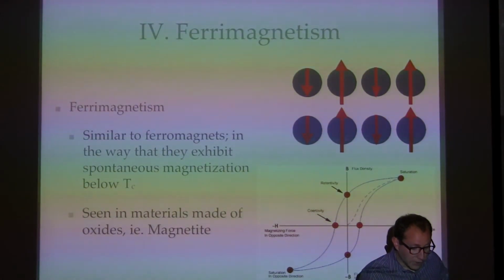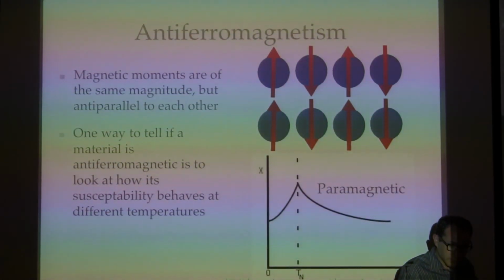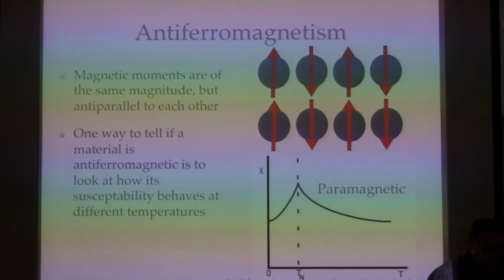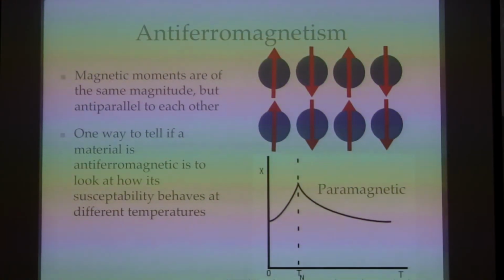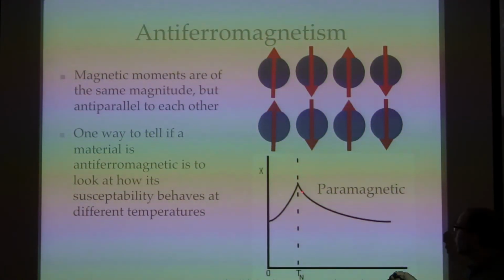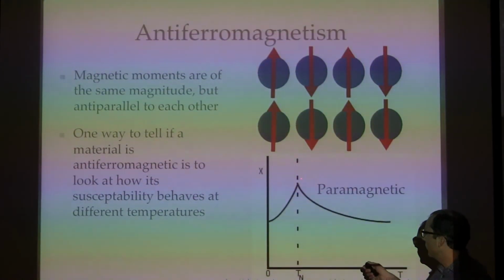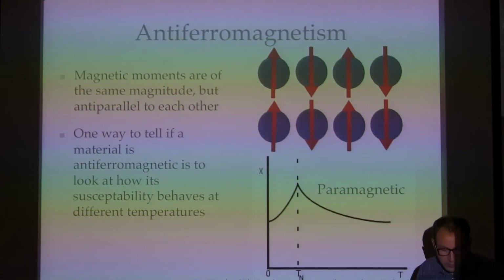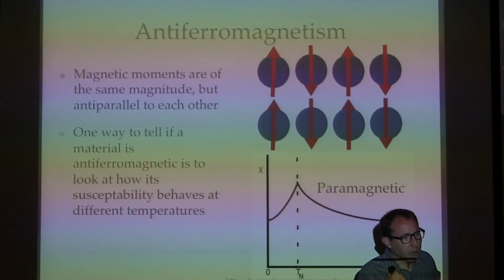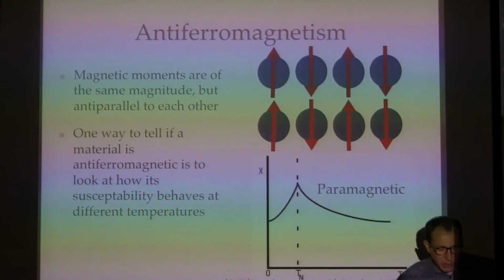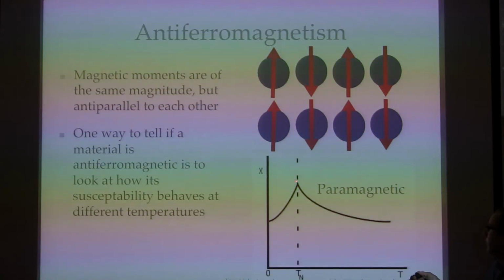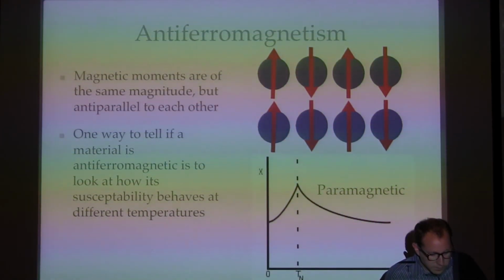We can also look at anti-ferromagnetic materials, which are very temperature dependent in their susceptibility. What you'll see is the susceptibility will change depending on that. And there's this Néel temperature where the susceptibility plateaus and then enters a paramagnetic regime. So this gives you an idea.